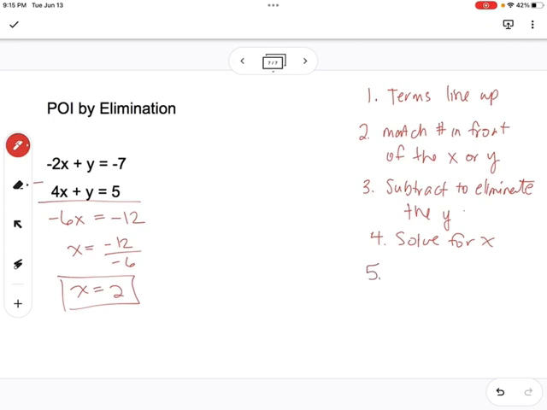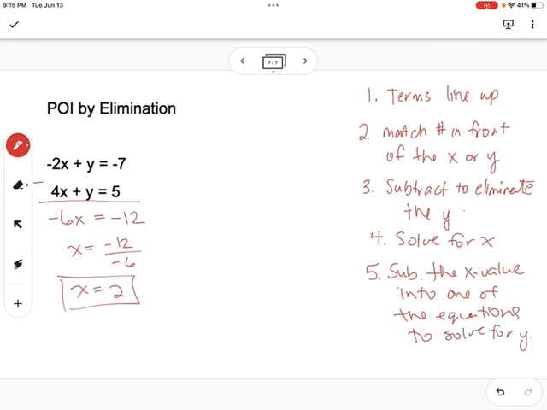And lastly, we sub the x value into one of the equations to solve for y. Okay, so you can choose either one. You'll get the same answer no matter what equation you choose.